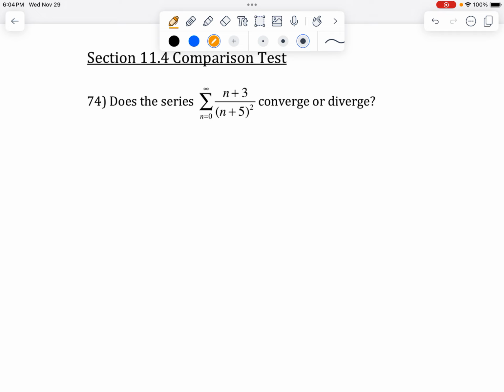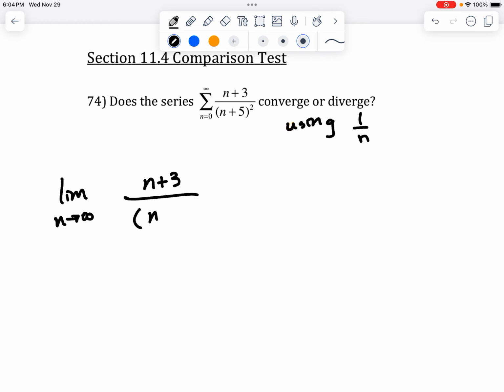So use the limit comparison test using, forgot that was yellow, using the 1 over n. So in other words, take the limit as n goes to infinity. Here's the original, which is n plus 3 over n plus 5 is squared, and then divide by 1 over n. Well, if you divide by a fraction, that means multiply by the reciprocal.